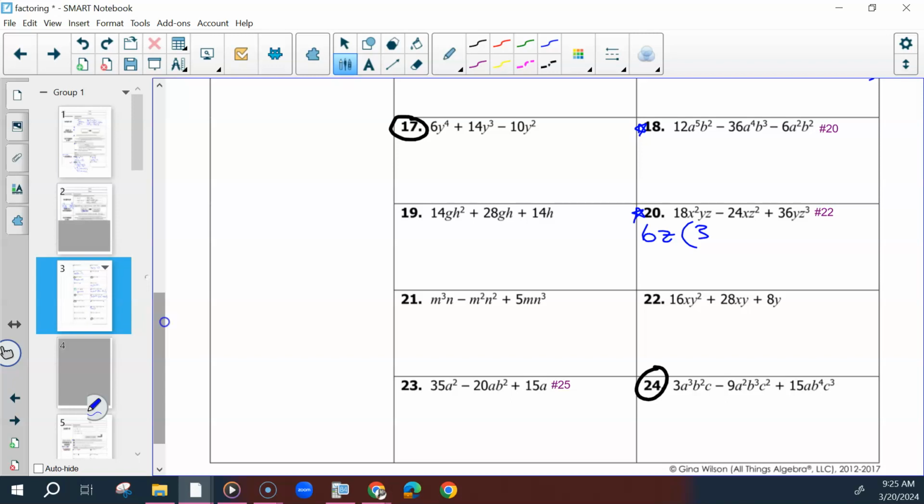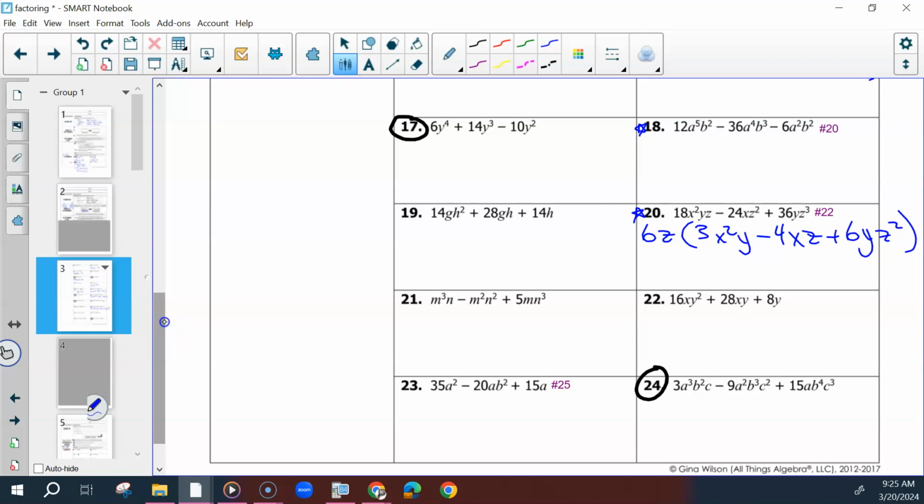X squared y minus 4xz plus 6yz squared. Again, it looks like it's not prime, but if you look at it, there's nothing we could divide out of everything.